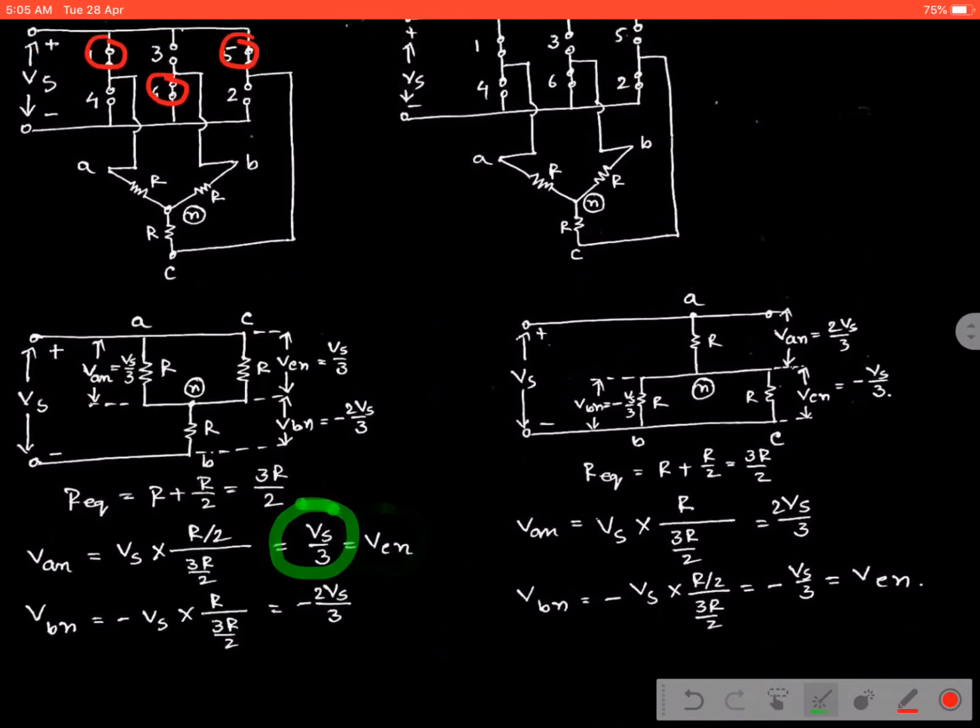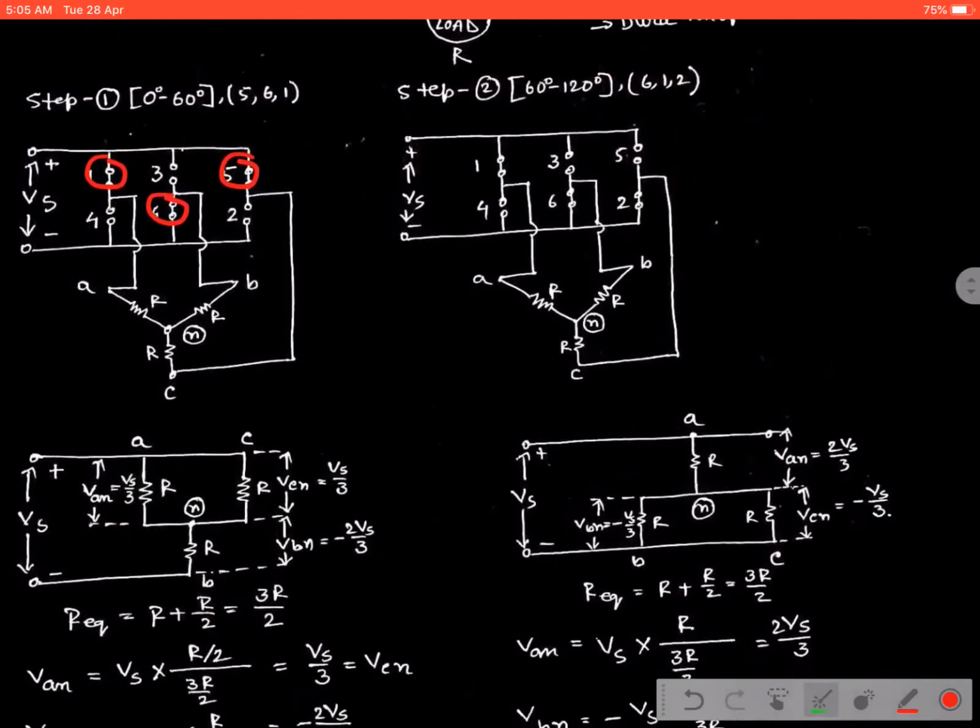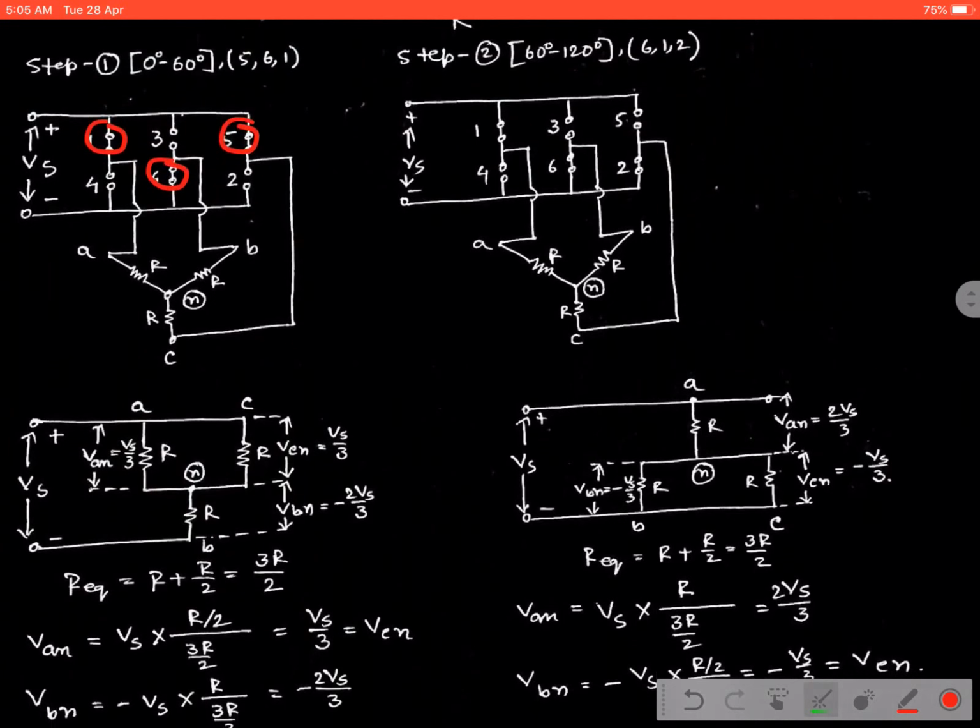In a similar way, we can calculate for the next mode of operation, which is depicted in the figure in step 2. The first mode of operation stopped at 60 degrees. Now it starts from 60 degrees and the duration is 60 degrees, up to 120 degrees.